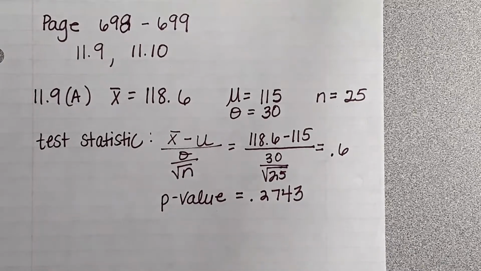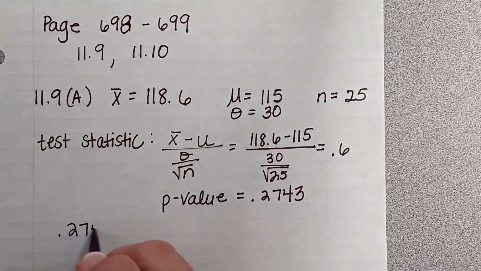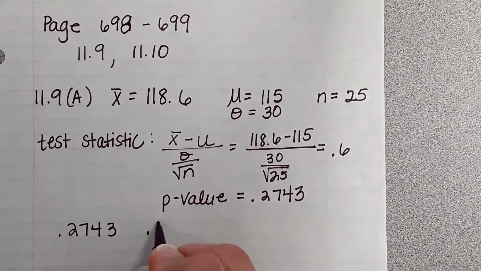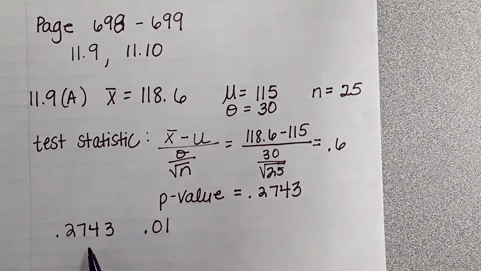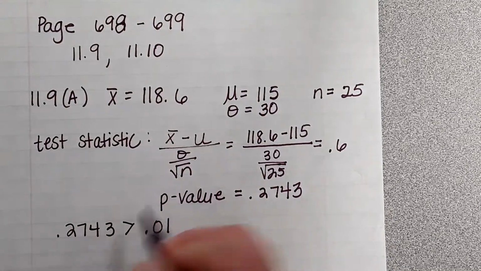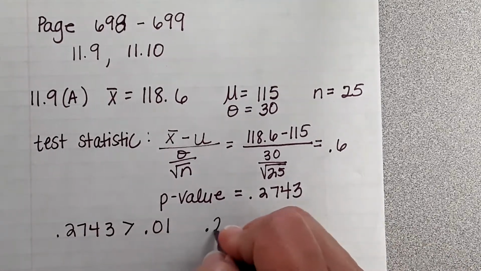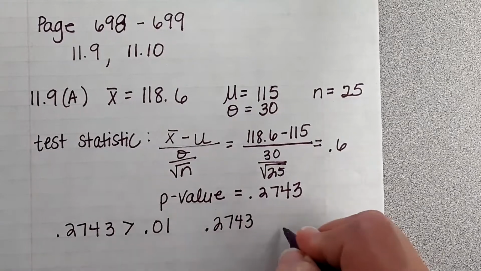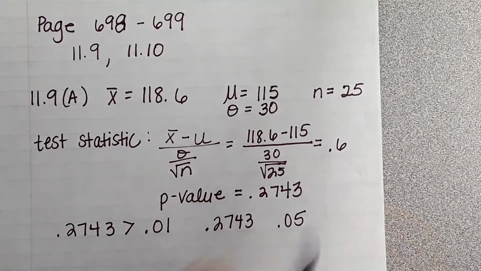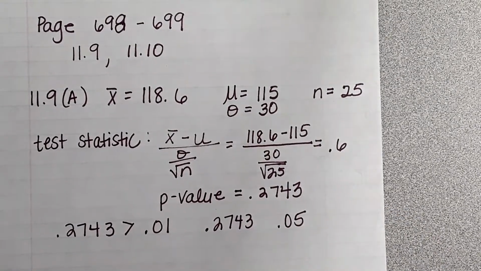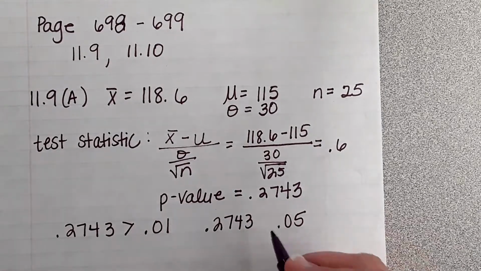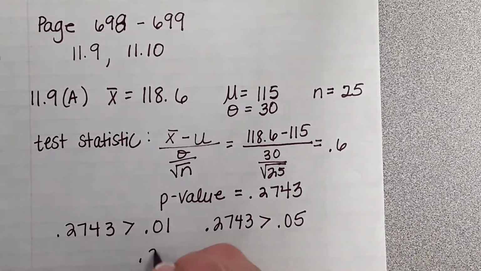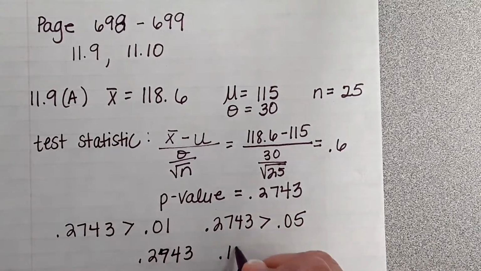Okay, so let's compare it, you guys. So let's think about this. 0.2743 compared to 0.01. Is my p-value greater than or less than? 0.2743 compared to 0.05. Greater than, less than? 0.2743 compared to 0.10.